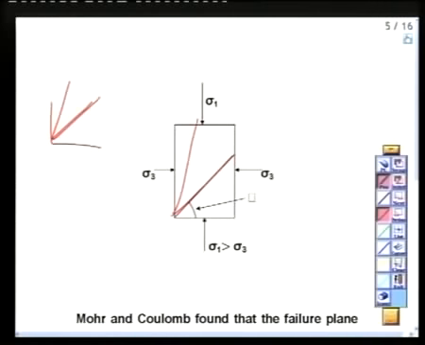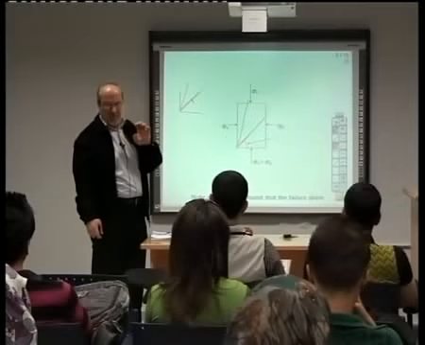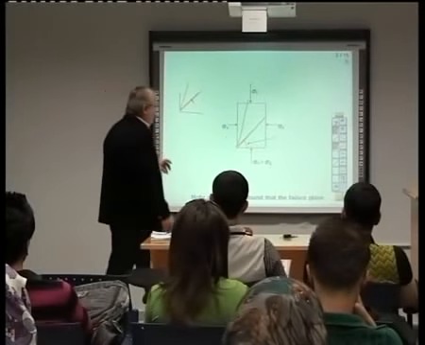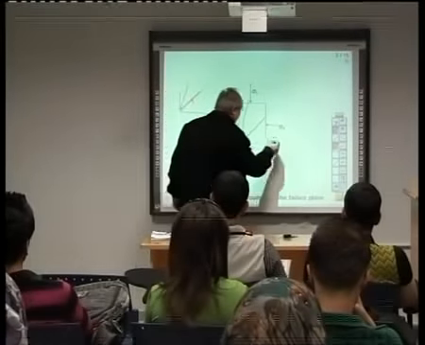So the failure in the sample will take the same inclination as the line here. As if the curve represents the exact way the soil will fail. We call this angle theta.